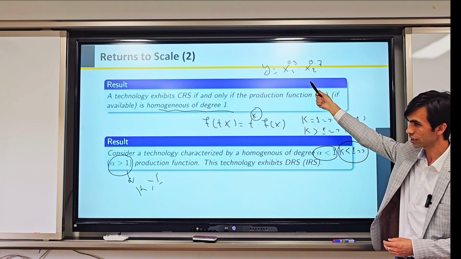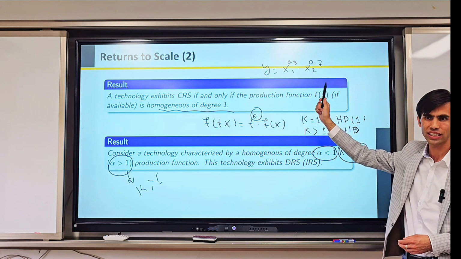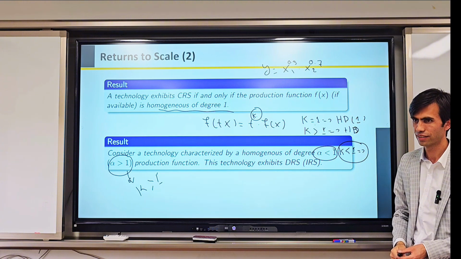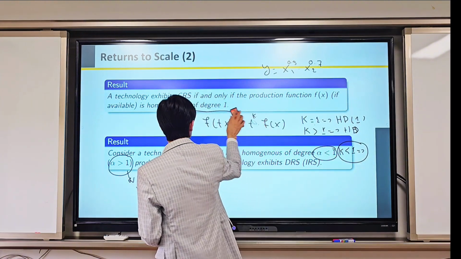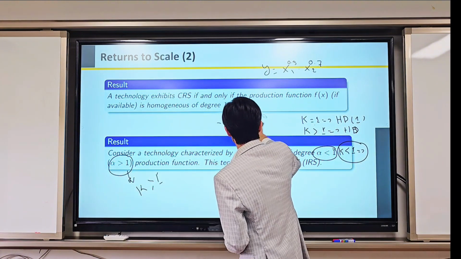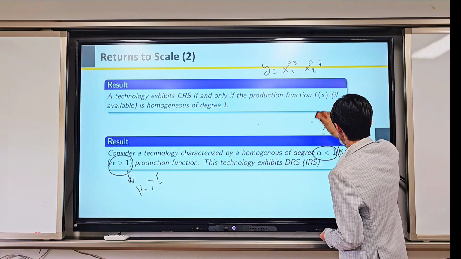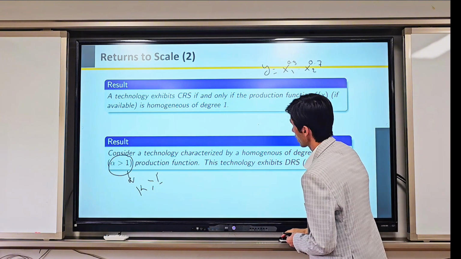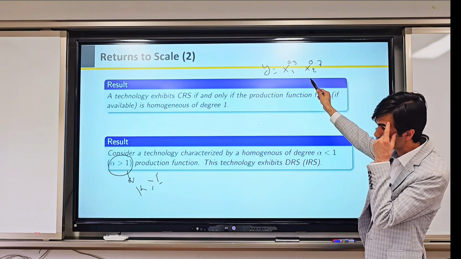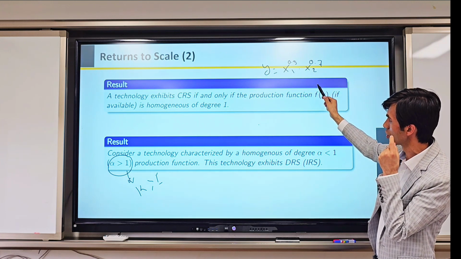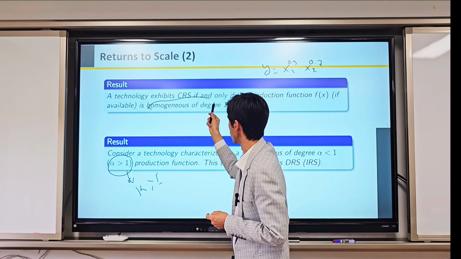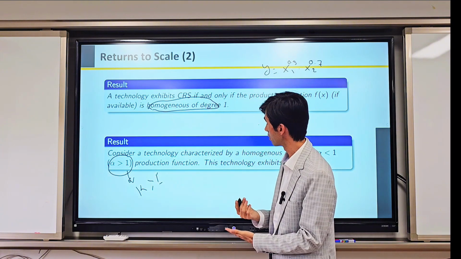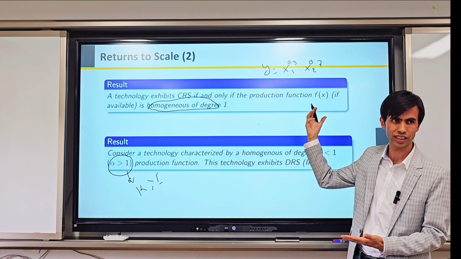Do you think it's constant return to scale, increasing return to scale, or decreasing return to scale? In order to know what kind of return to scale this function shows, we need to find out the homogeneous of degree: if it's 1, less than 1, or more than 1.